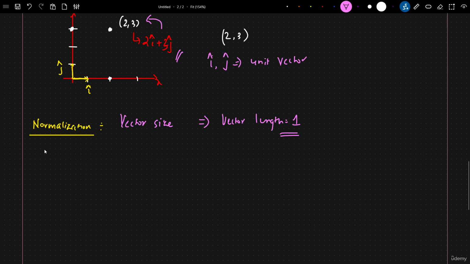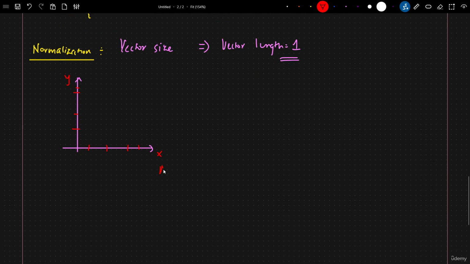So this kind of normalization technique basically means, let's say that I have some data set with an x and y coordinate, and this data set is in different scales. Let's say I have a data set which says, based on age, we have some weights.